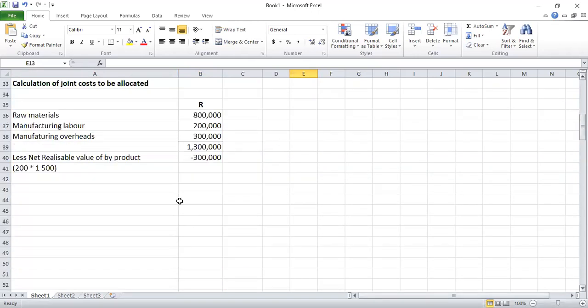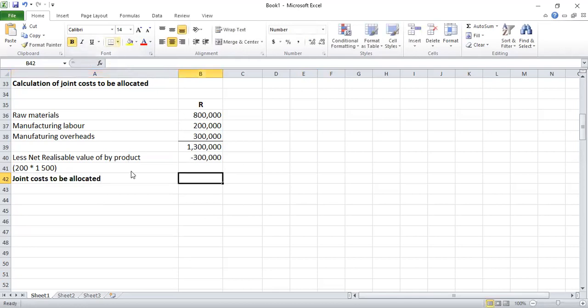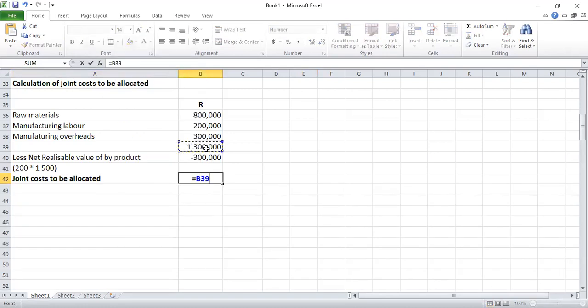Thank you, sir. Okay. So then the joint costs to be allocated would be, so these are the costs that have to be allocated to the joint product.